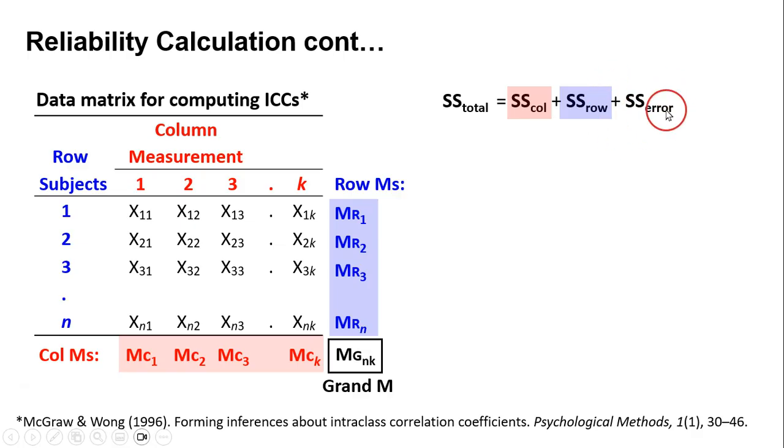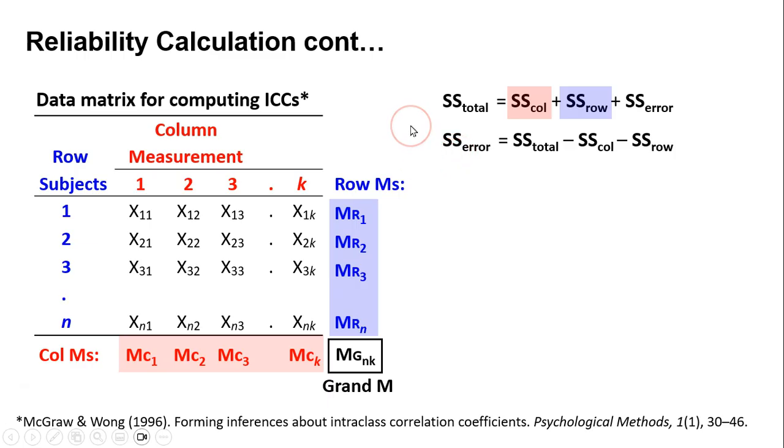And then the error, how do you get that? We can just get that from subtraction. Once you have the total, the column, and the row, the SS error is just the total minus the column minus the row. Meaning whatever's left over from the total after we subtract out the column and row is going to be the error.